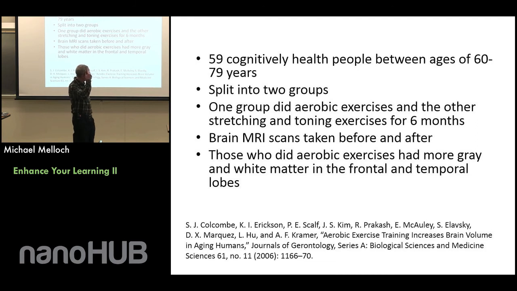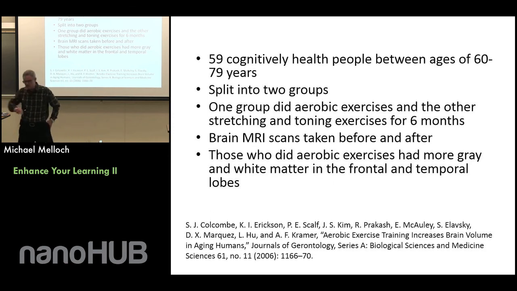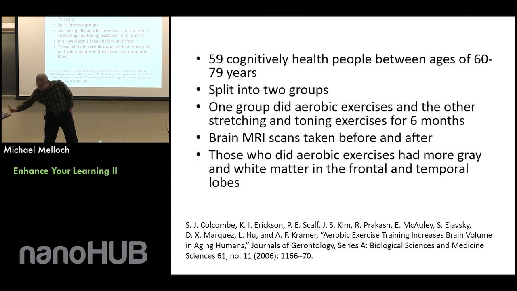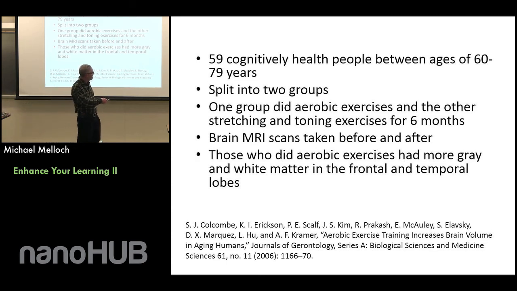Okay, so in this study, they looked at 59 adults in the 60 to 79 year age group and split them into two. One group did aerobic exercises for 6 months, and the other group just did stretching and toning exercises.